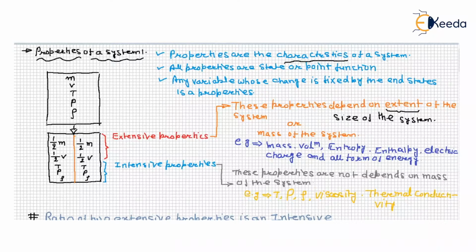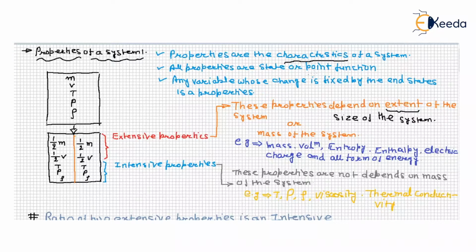That means a system is defined by properties like pressure, temperature, volume, density, mass, etc. And it physically gives the characteristic of the system. Number second, all properties are state or point functions. That means it is a state variable.